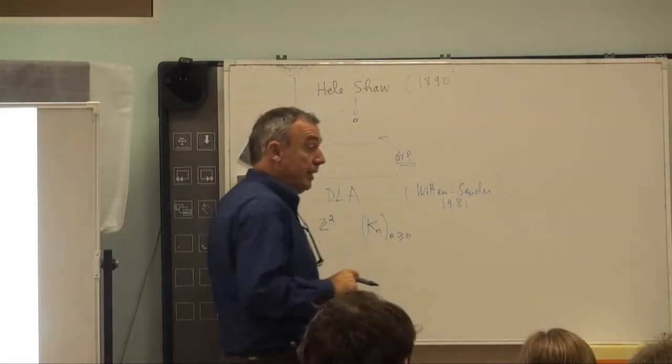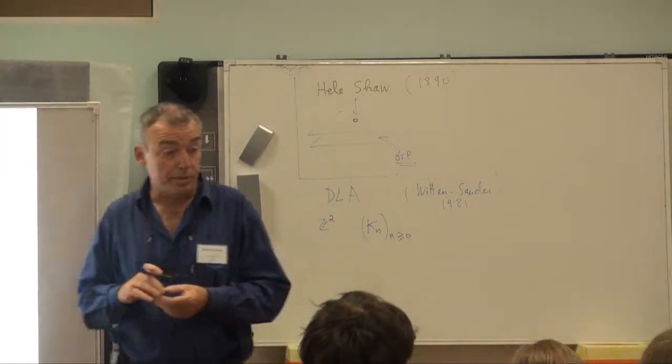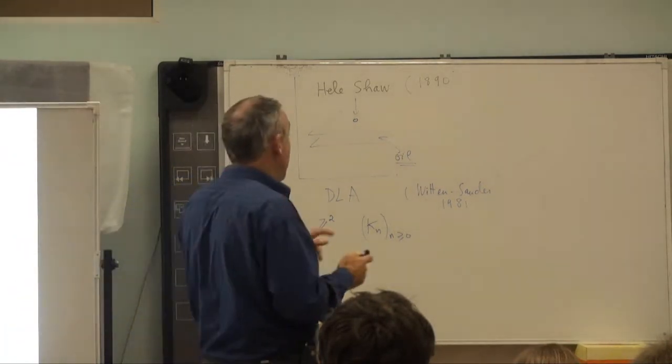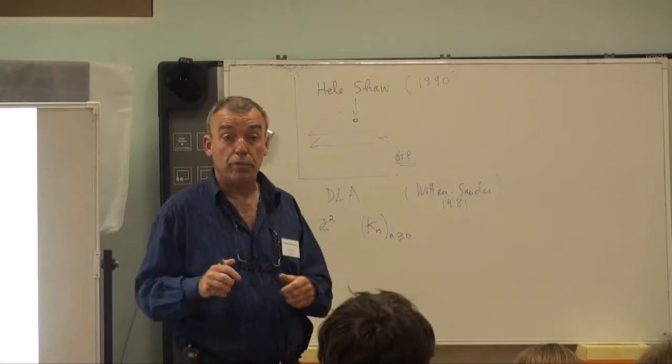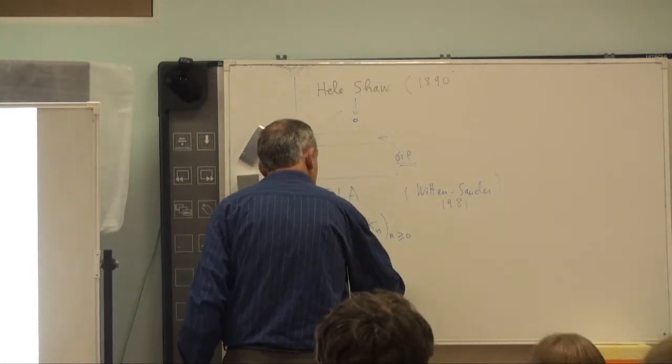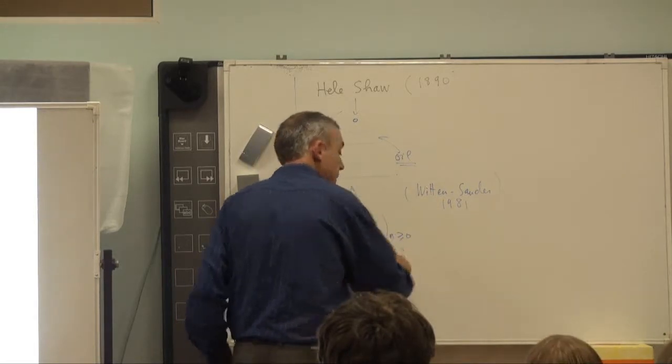K_n is a finite subset of Z^2, and K_{n+1} is obtained from K_n by adding just one point. You start with K_0, which is just one point.